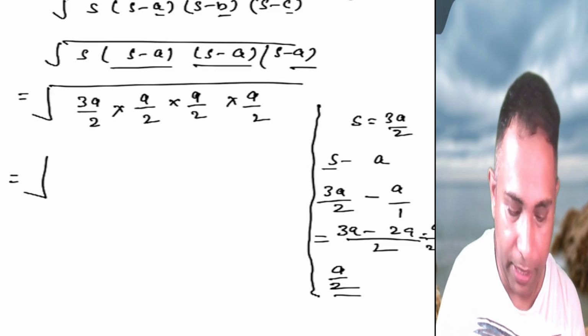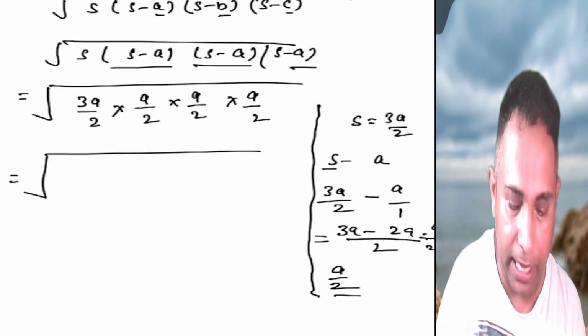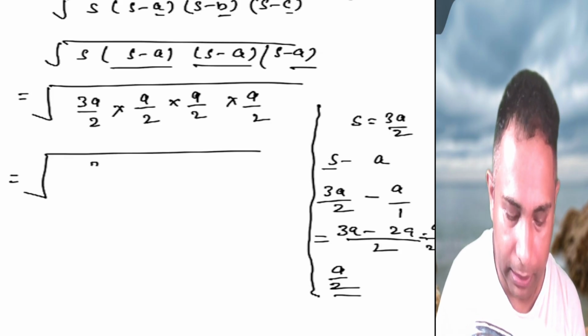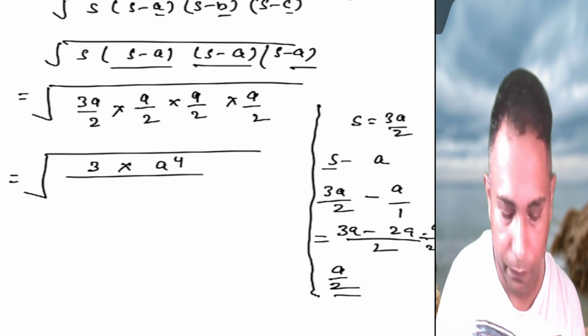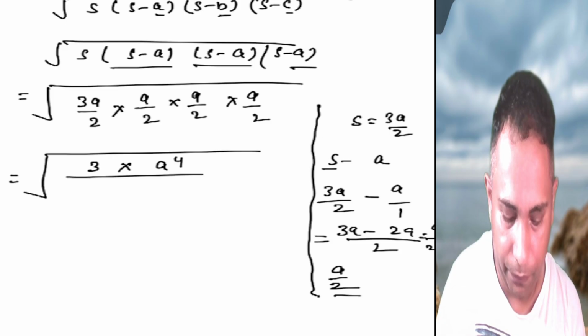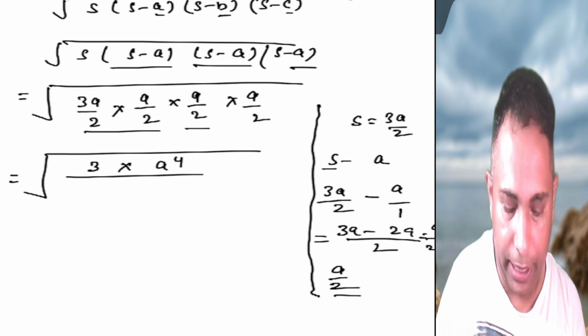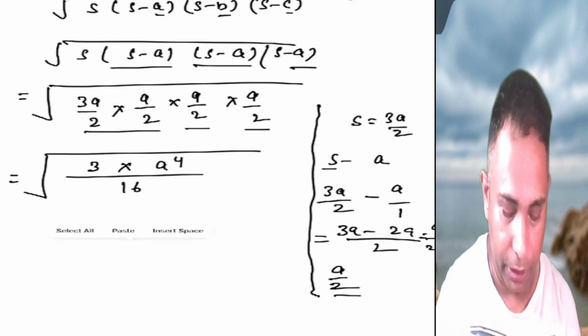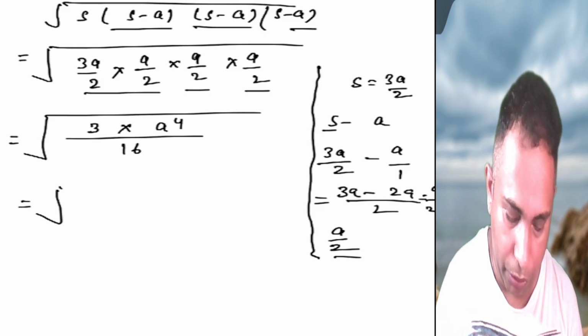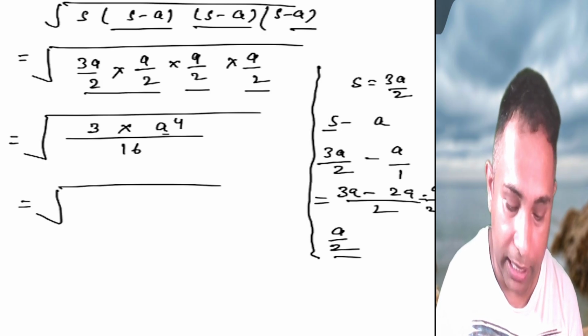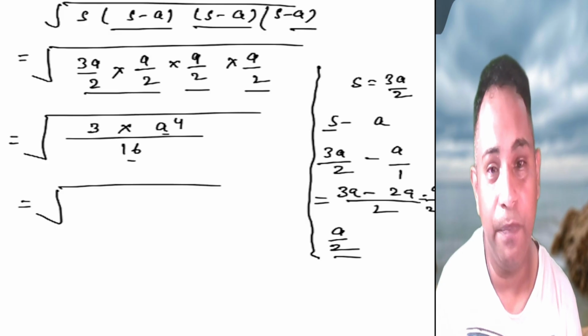Now, if we are simplifying this, what will we get? Multiplying the denominators of all this, it will be 3 into A to the power 4. Downstairs, we get 2, 4, 8, 16. 16. Okay. No issue. So here in the square root box, you can see A to the power 4 and 16 are perfect squares.